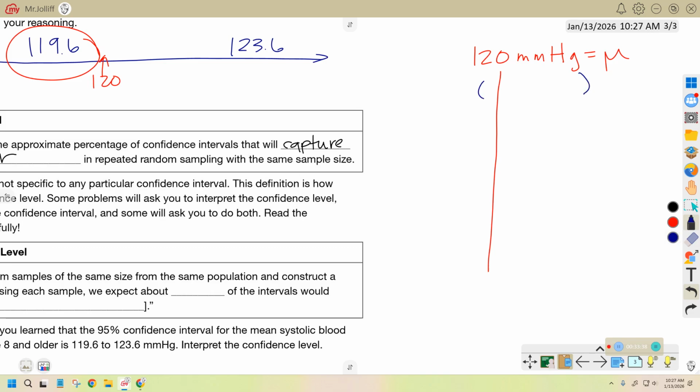So we had one here, 119 to 126. We'll have some here. Some of them will not capture that value. But if I am 95% certain, I am expecting that 95% have that red line passing through the middle somewhere.